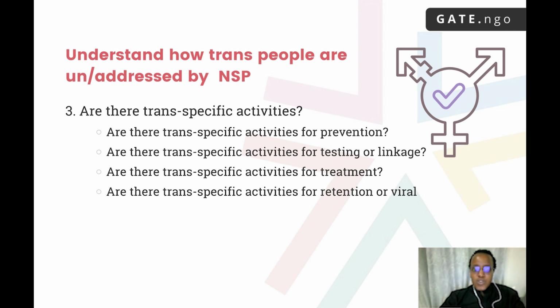So we not only want to look at, is there a prevention activity, but is the prevention activity appropriate? Is it looking at tackling stigma and discrimination or a particular law or whatever it is that really is a barrier for the community when it comes to prevention? So we want to make sure that these activities reflect our priorities and reflect what we know needs to change in order to really have an impact on the lived experience of trans people on the ground.